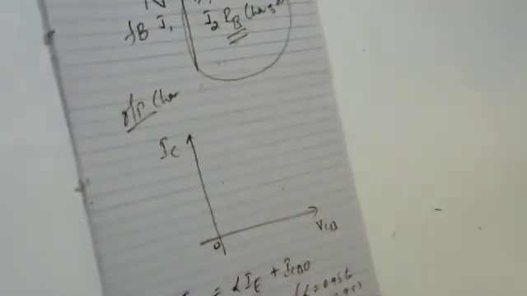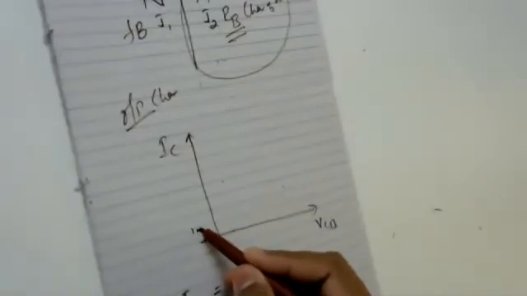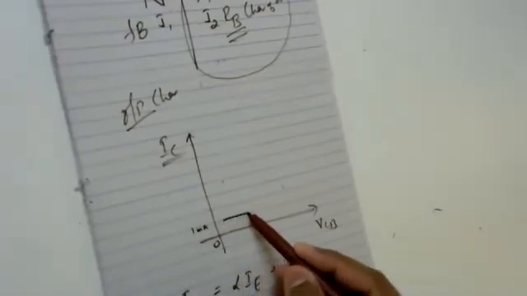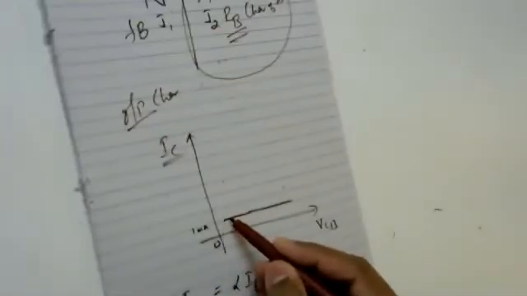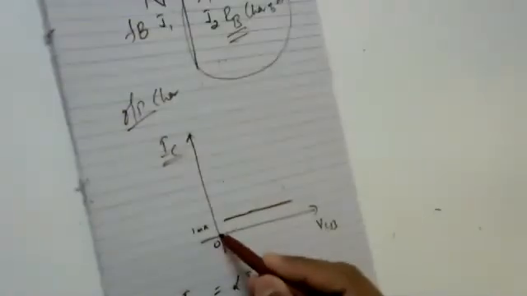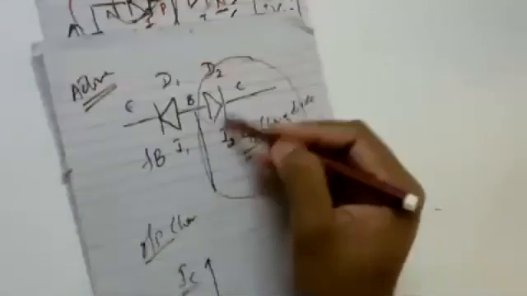Now, if I have some magnitude of input current, let me say 1 milliamp, then my output current will also be 1 milliamp. It is not rising to 1 milliamp instantaneously because this diode has some internal resistance, RD.